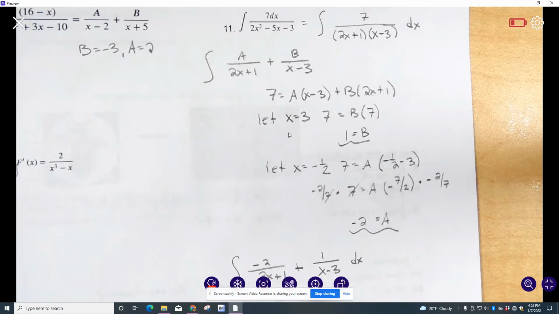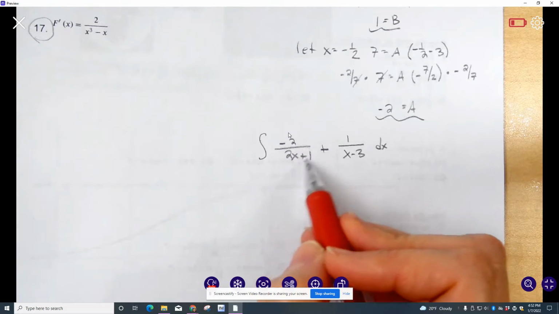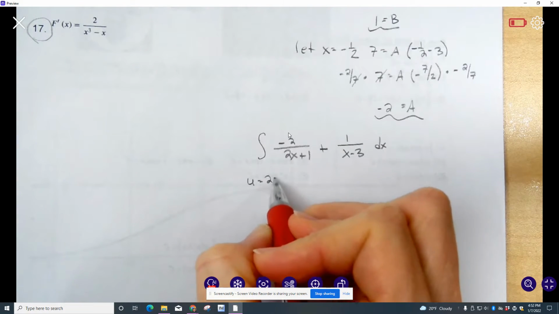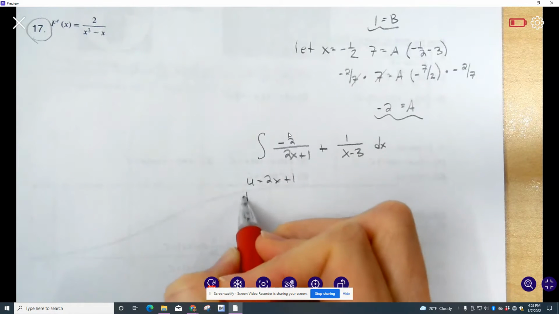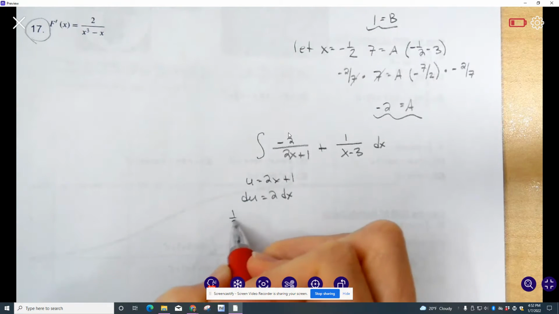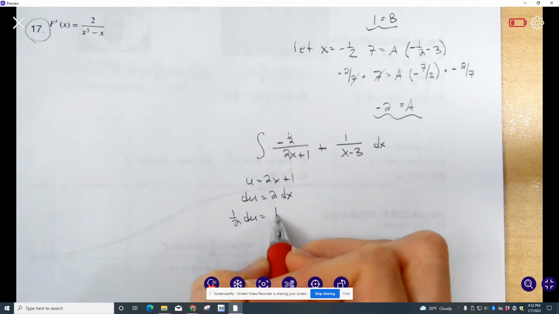So now I'm doing these two integrals separate. Remember, when I'm adding, I can add them separate. In order to do this one, whoops, you can't see that, they're both going to be a u sub. So here I'm going to let u equal 2x plus 1. So du would be 2 dx, or 1/2 du would be dx.